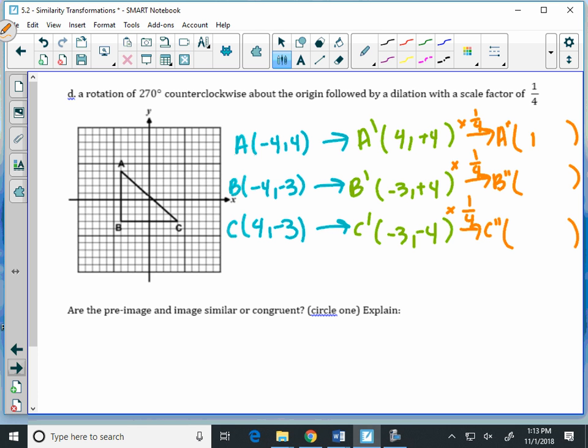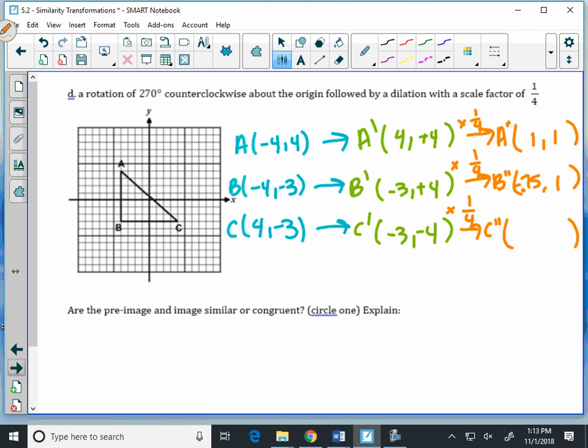Good. 1 and 1. Good. Okay. Celeste, what do we get when we multiply B by 1/4? We're going to get a decimal. Good. -0.75. And 1. Good.